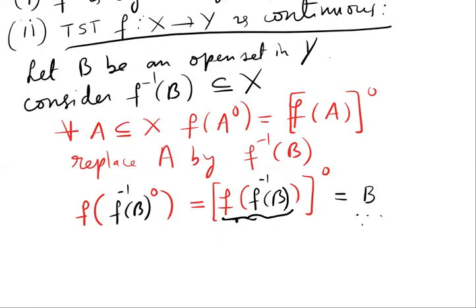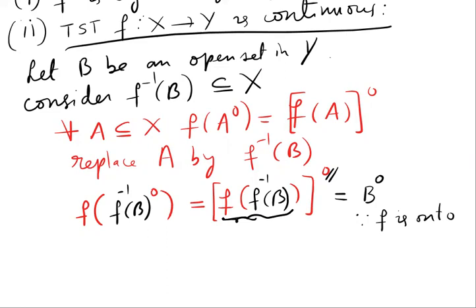Because F is onto, bijective, no? And the interior will follow, because those two are equal. Whenever you have A equal to B, A interior is equal to B interior, no? Same logic here.